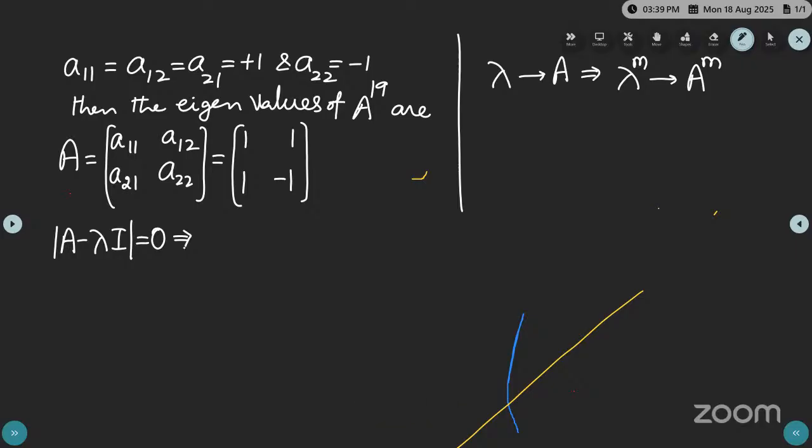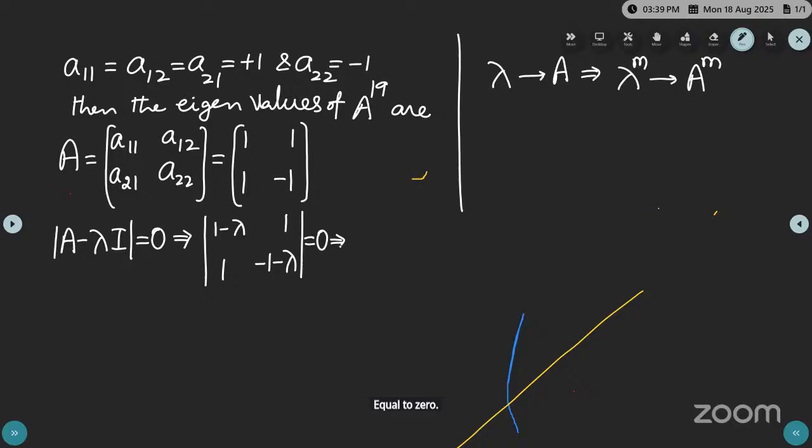Solve it for lambda. Yes, what is it? Determinant of 1 minus lambda, 1, 1, minus 1 minus lambda equal to 0.